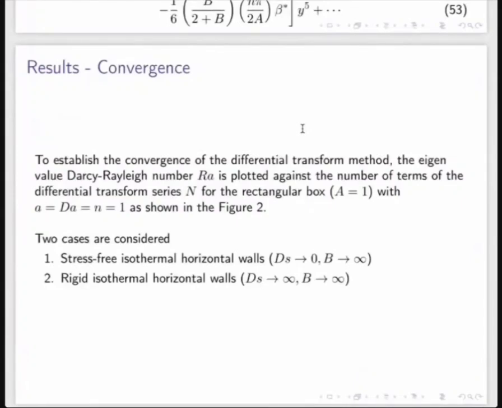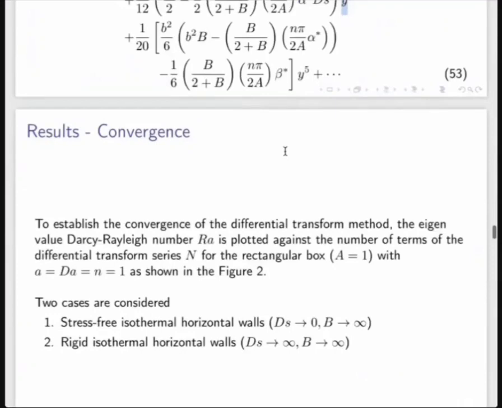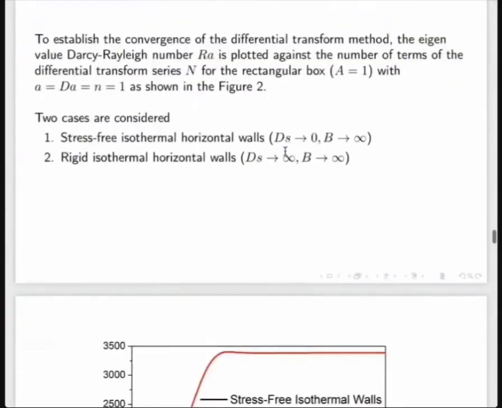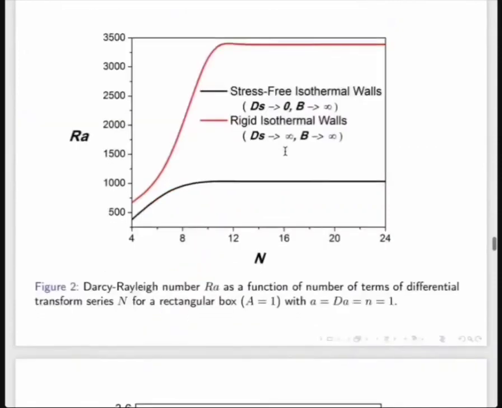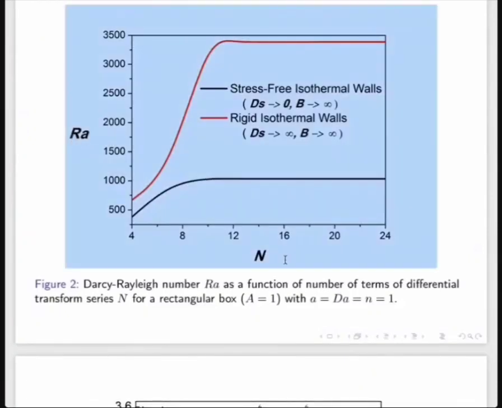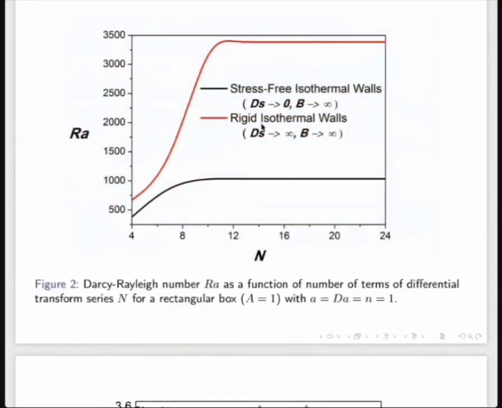All you need to do is see how these partial sums converge. Before I go to the partial sums, I'll show one result where the Rayleigh number is plotted as a function of the number of terms of the series, for the two cases, stress-free isothermal and rigid isothermal. In both cases, when you reach 12 terms, the Rayleigh number gives a constant value.